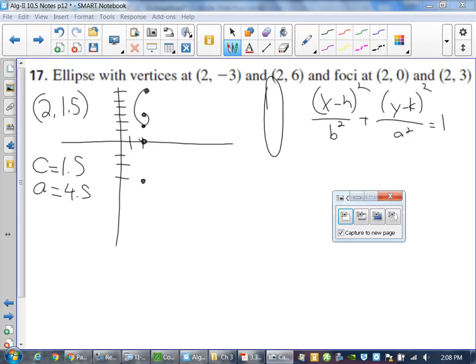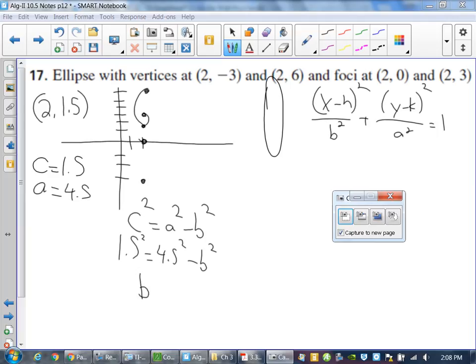When you have an ellipse, it's a plus sign between the two fractions, which means when you're working with c squared, it's going to be a minus sign. So c squared equals a squared minus b squared. So it's 1.5 squared and 4.5 squared.